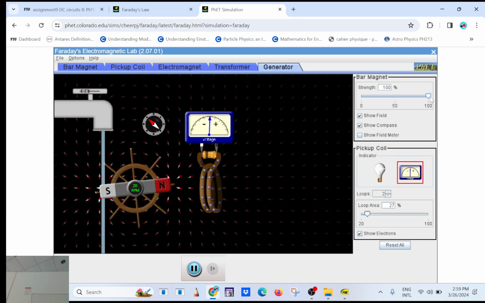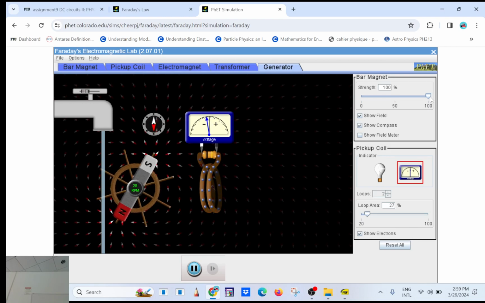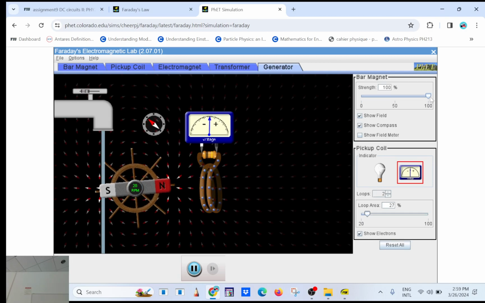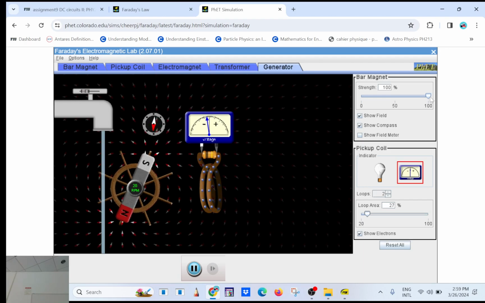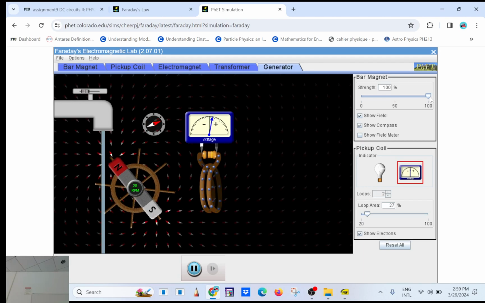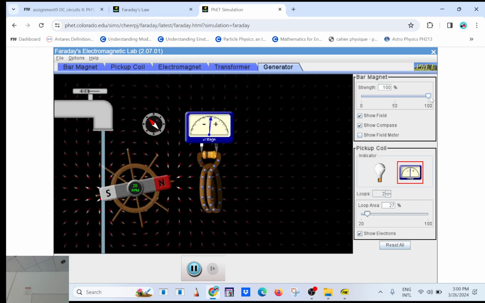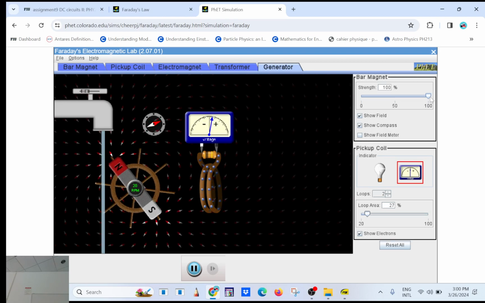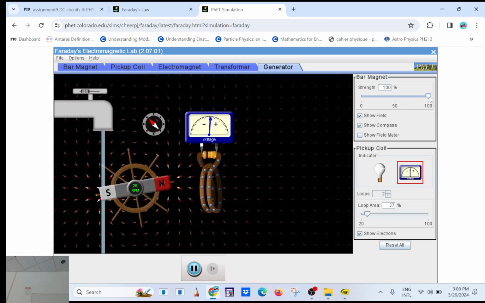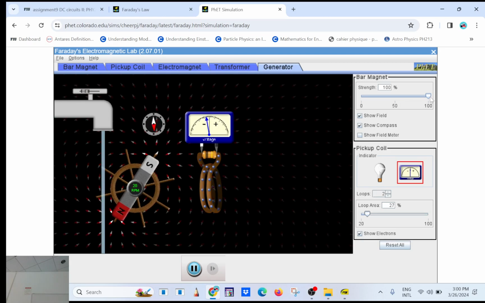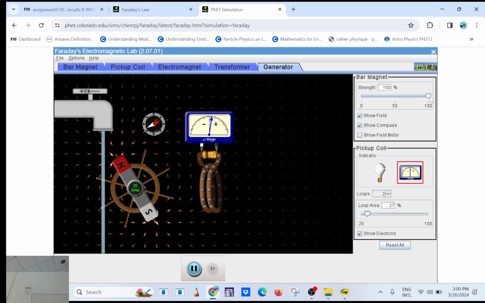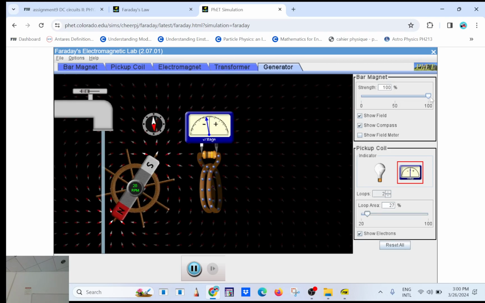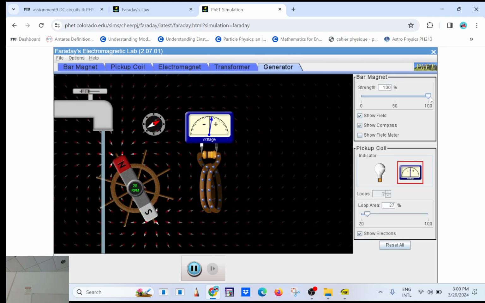The magnetic field lines produced by the magnet pop through this area, but the number of lines will change with time. If my magnet is this way, there are no field lines. If it's like this, there are maximum field lines. Because it changes with time, I should be able to produce voltage, but it's hard to spin. I'm going to try. Can you see the volts here? You see that? It's moving to the left, to the right, to the left, to the right. So it's AC.